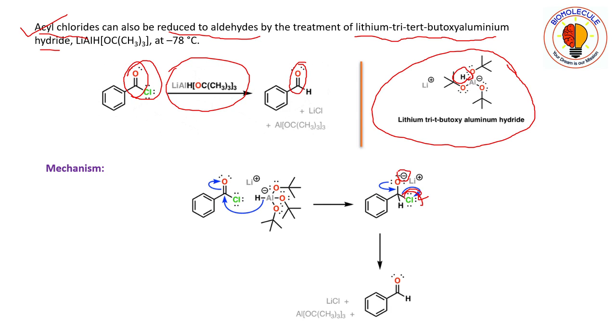Chloride ion is a very good leaving group, as we have learned in substitution reactions. So when oxygen pushes back its lone pair of electrons, the chloride leaves, and what we get is aldehyde.